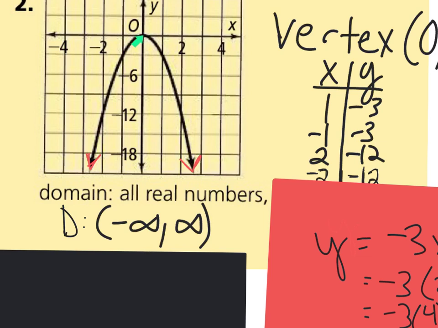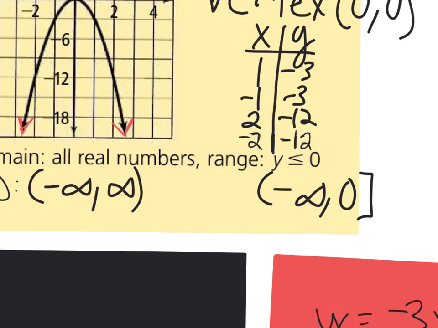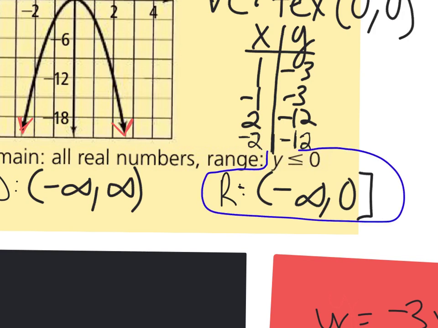The maximum is at our vertex, where the y value is 0. So our range, in interval notation, would be from negative infinity to 0, and we'd have a bracket on 0 because it includes that. Or you could say y is less than or equal to 0 would be another way of putting that. So it's going to be one of these options here for the range.